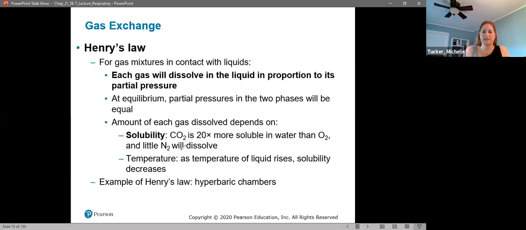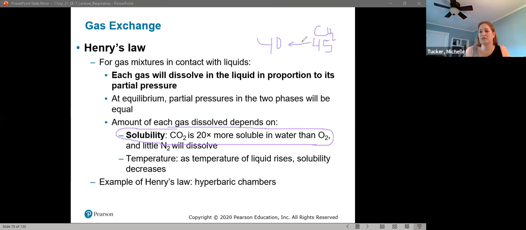For solubility, carbon dioxide is 20 times more soluble in water than oxygen is. This is going to become important, because in the blood the partial pressure of carbon dioxide is only 45, and in the alveoli it's only 40.